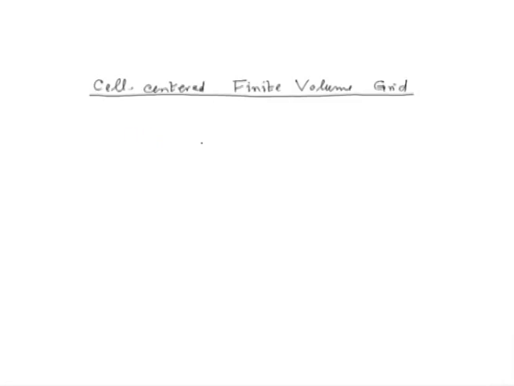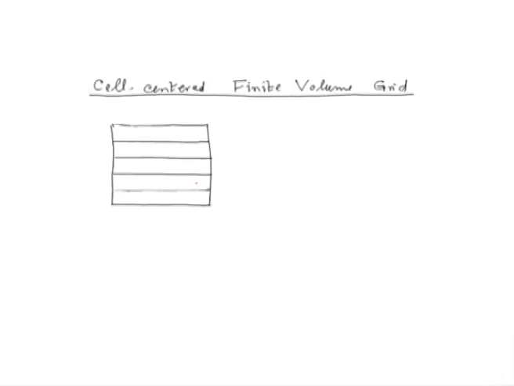So whatever our problem domain might be, suppose for the sake of simplicity let us take one rectangular domain, discretize it into a set of finite volumes. Suppose you have taken these rectangular finite volumes. Now choose the centroid of each one of these. The centroids are the ones which are now our computational nodes.